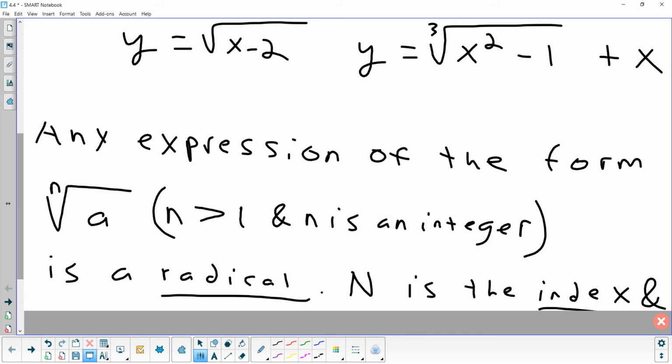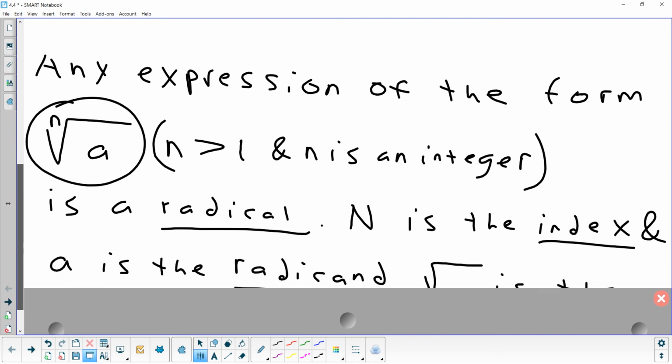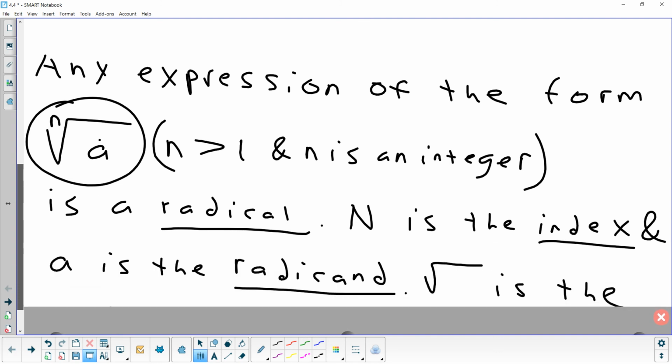So again, n is called the index. This whole thing is called a radical expression. The number that is underneath the radical sign is called the radicand. The radicand just means the thing you're taking the root of. So if I did this, I would say my radicand is 4. That's the thing I'm taking the square root of.